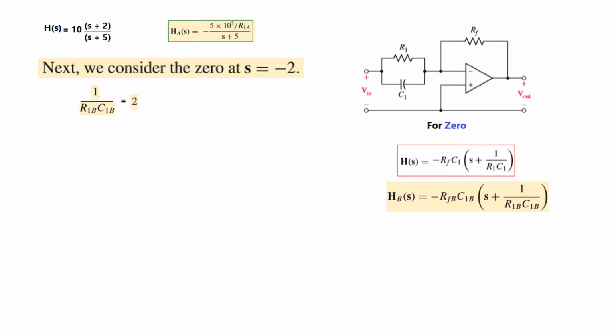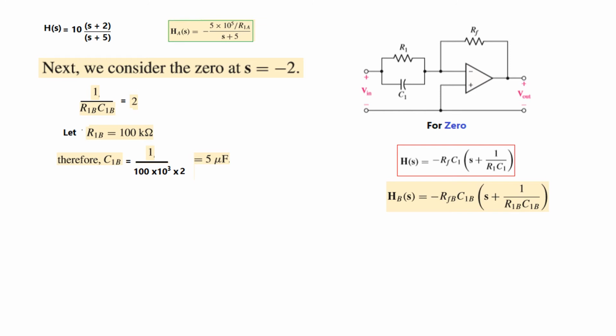From here you can see s plus 2. This term, s plus whatever, is equal to 2 from here. That means 1 over R1B C1B is equal to 2. Here also we assume the resistance R1B to be 100 kilo, and so C1B can be found to be 5 microfarad.